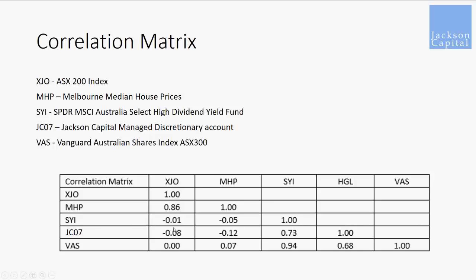Then what we can do is, instead of building a portfolio with SYI, JC7 and VAS, where they're all stacked together as being similarly correlated, we can think about maybe putting some in property and reducing our weighting in the other three.